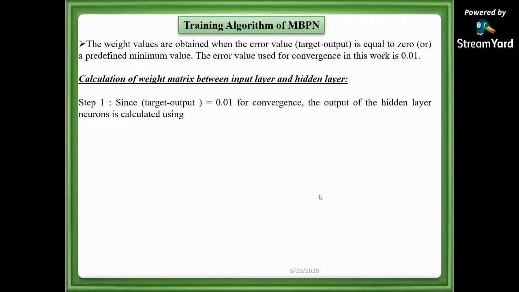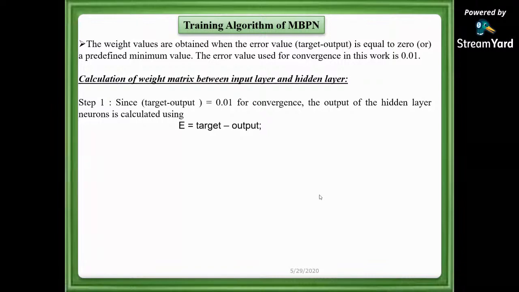Efficiency of a person cannot be equal to 100%. If error is not equal to 0, then what should be its value? Even if I run the BPN program, I stop my error at 0.01. So why don't I fix that? Right? So once I fix my error as 0.01, the equation becomes E is equal to 0.01, or target minus output is equal to 0.01.